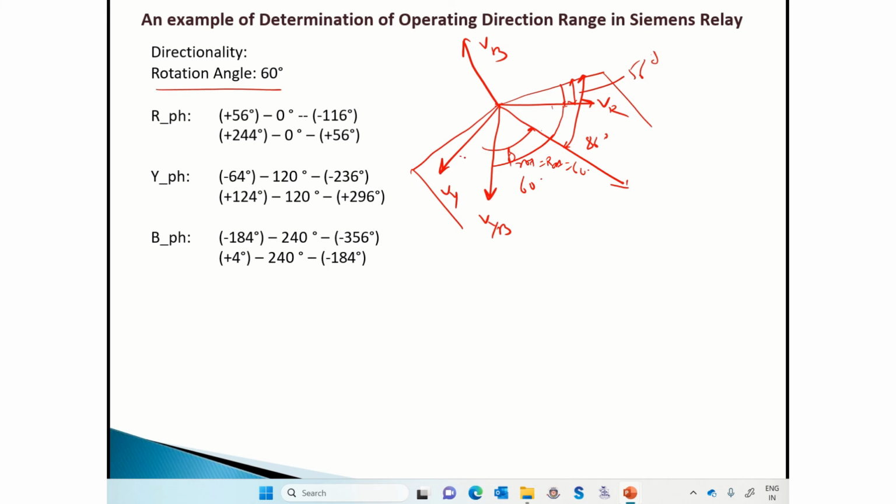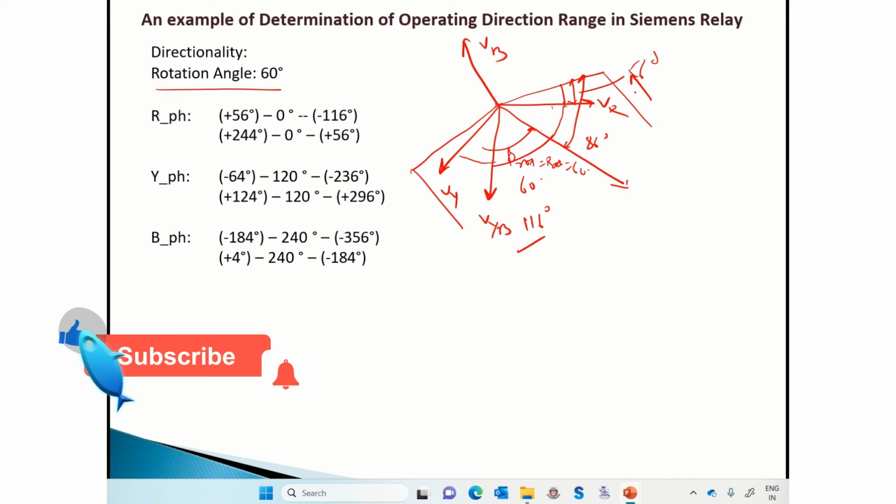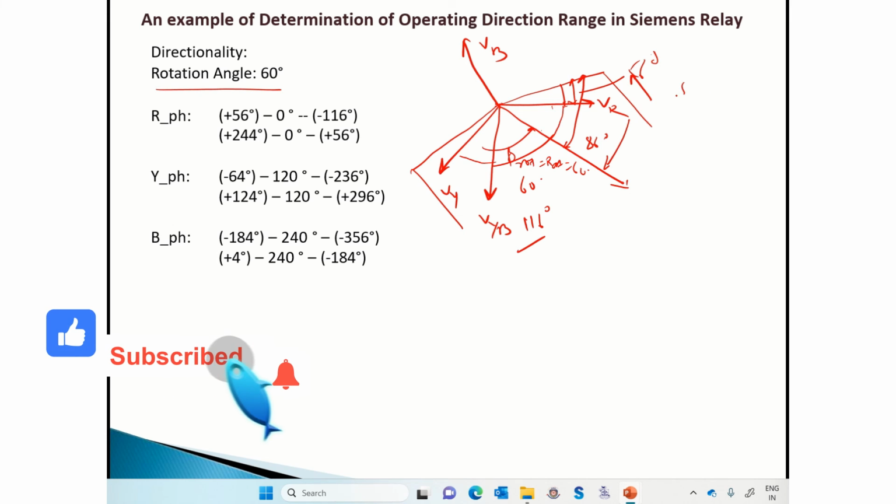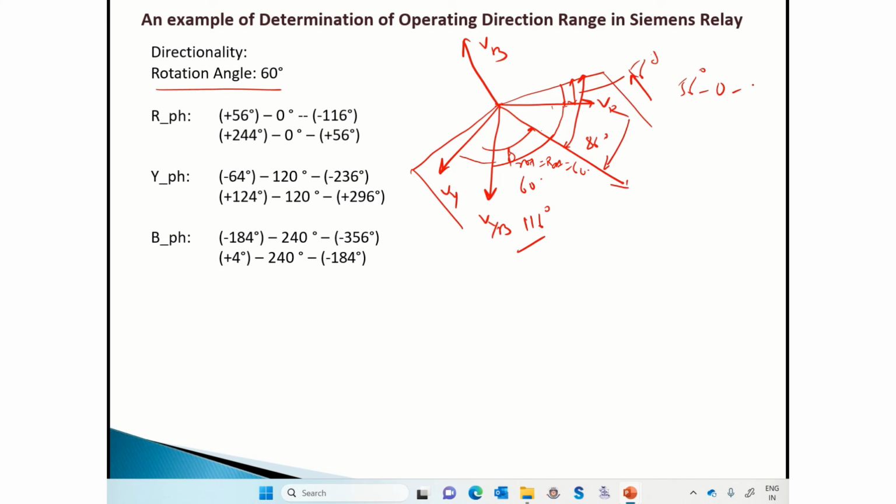So total from here to here is 30 plus 86, that is 116 degree. And this is anti-clockwise, this is clockwise, so we can write 56 to 116. This 116 is minus, so you can write 56 to 244 degree. So this is what it is coming for R phase fault.